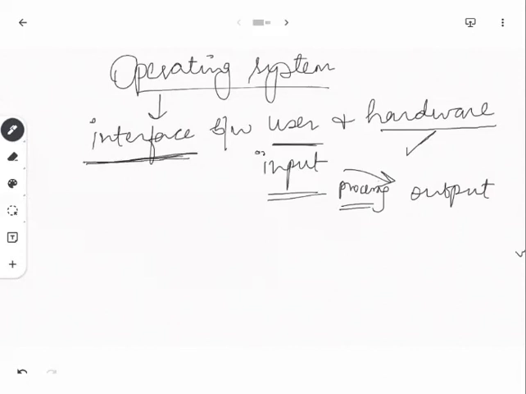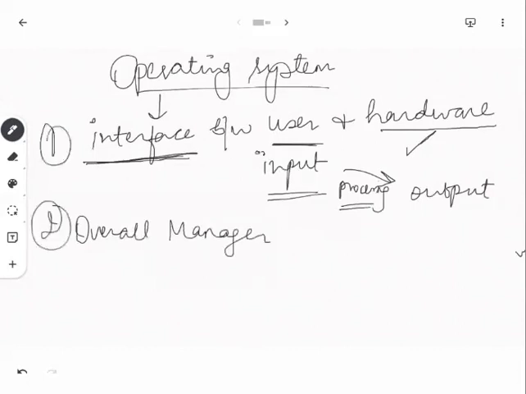So this operating system is the overall manager of your system. It is managing all your resources, may it be your memory, your input output devices, or your processor.